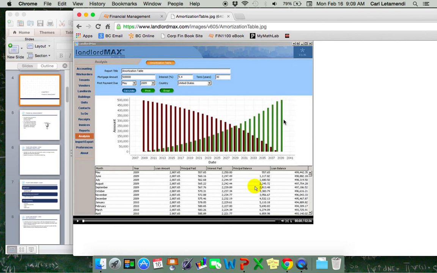Now, there is a way to trick this, okay? Every time that you make a payment and it says balance due and you remit payment on it, the next day or the following day, it's going to say zero amount due. That's an opportunity to send an extra payment to the bank and tell them for principal. If you do that, then what happens is that the amortization table of the bank gets thrown off.